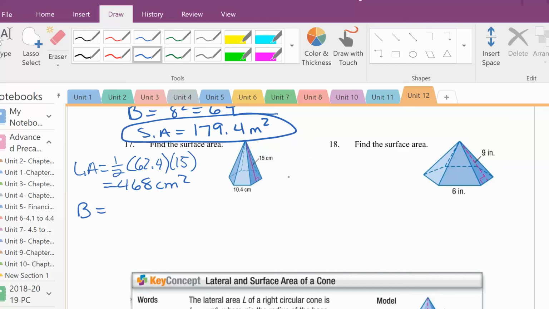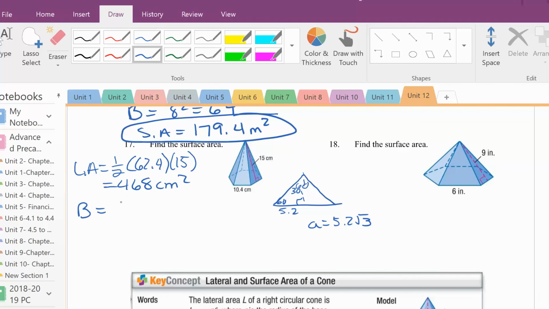Well, remember, you're going to make a triangle. And since it's a hexagon, remember that this is 60 degrees. 10.4, half of 10.4 is 5.2. So this is 30 now when you cut it in half. So the apothem is going to be 5.2 root 3 because it's going to be opposite the 60 here.